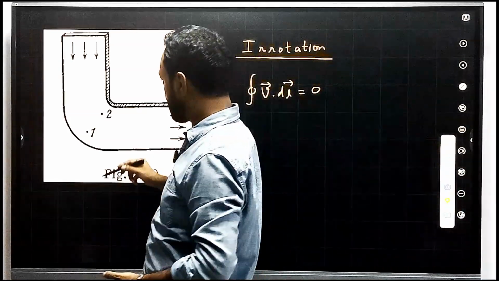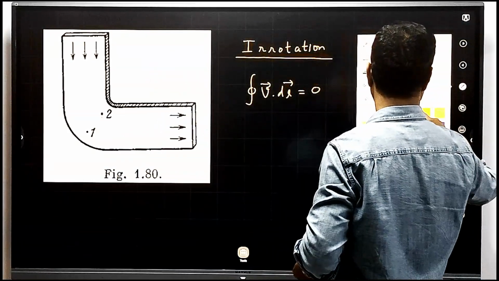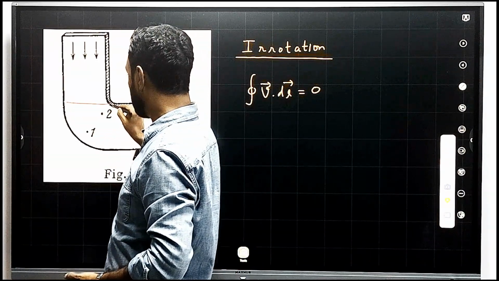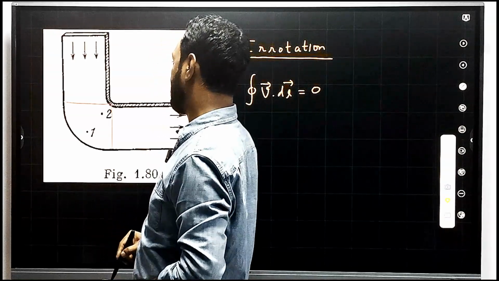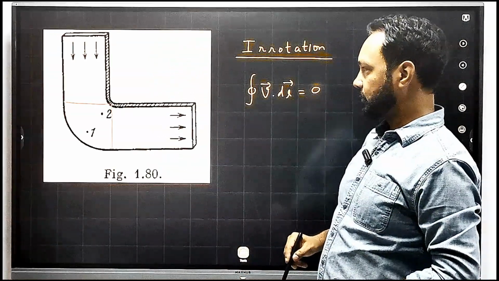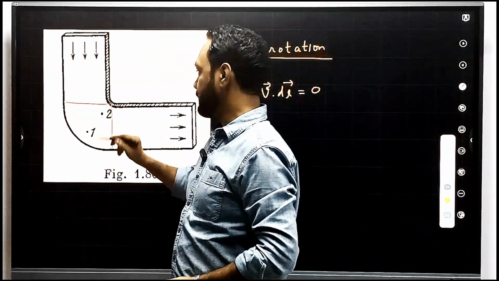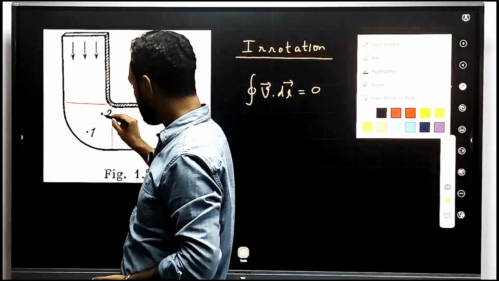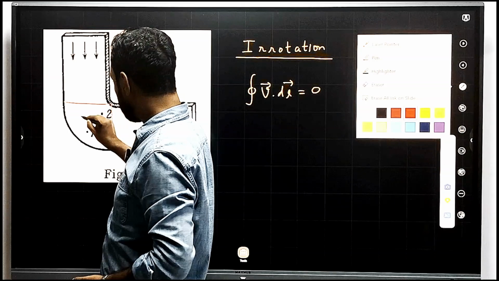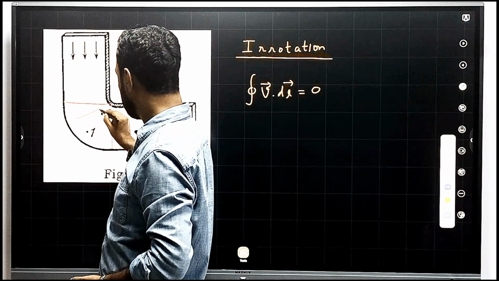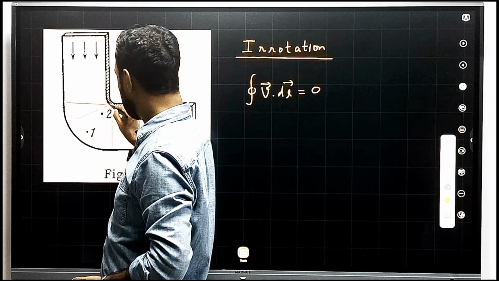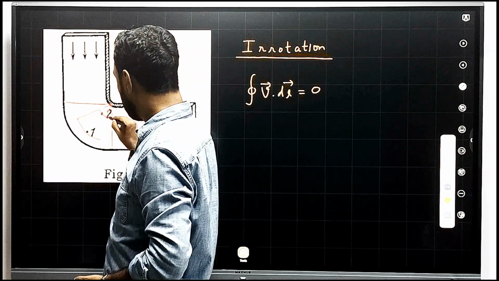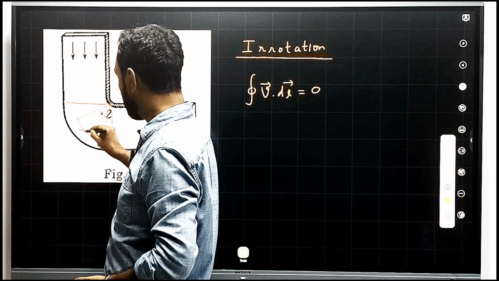So here suppose this is the center. First of all, the circular path is from here to here, and the center of the circle is here. So if I take a closed loop like this, this is the closed loop I am taking.